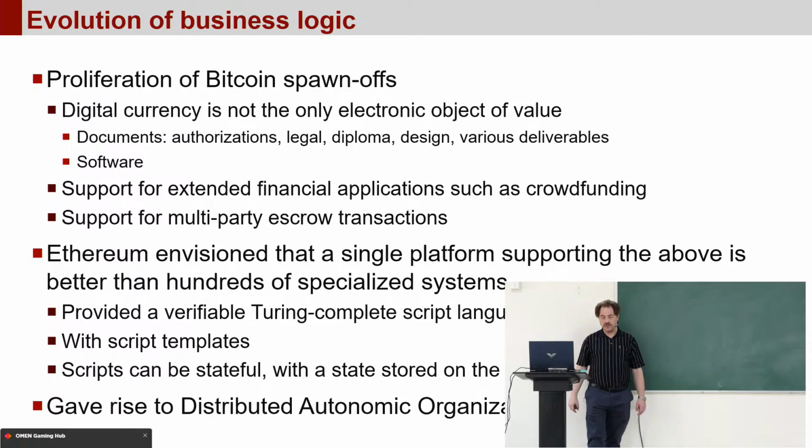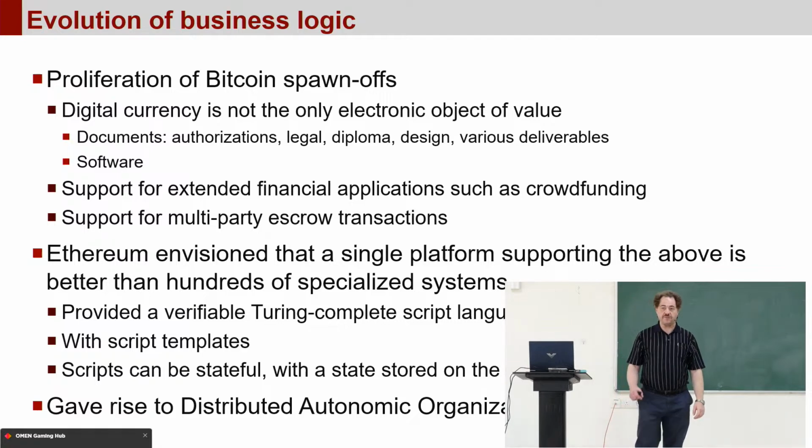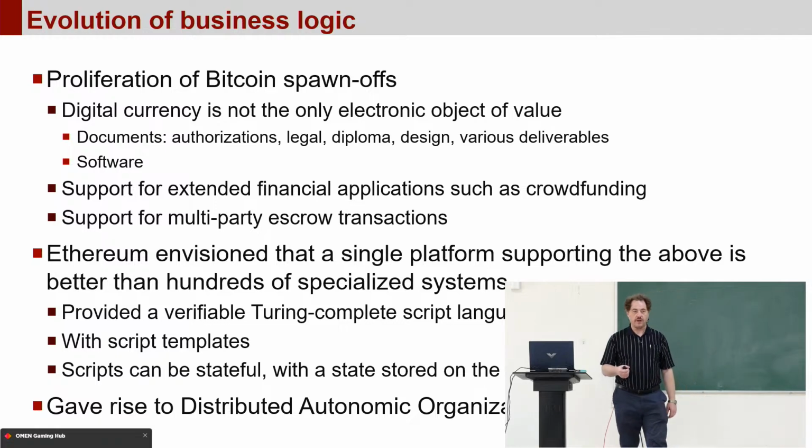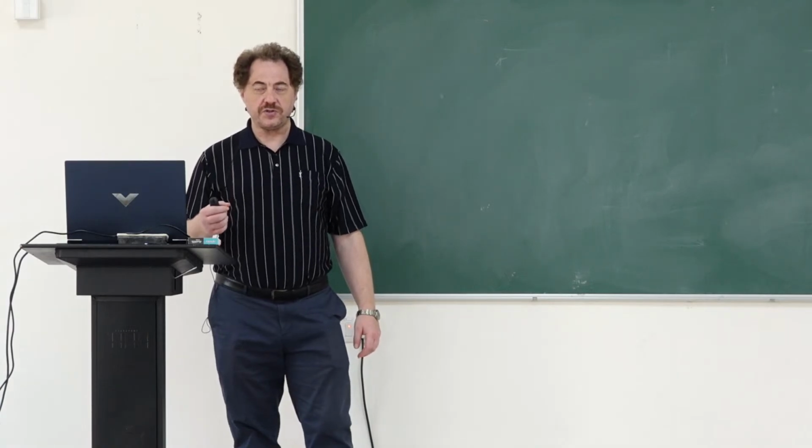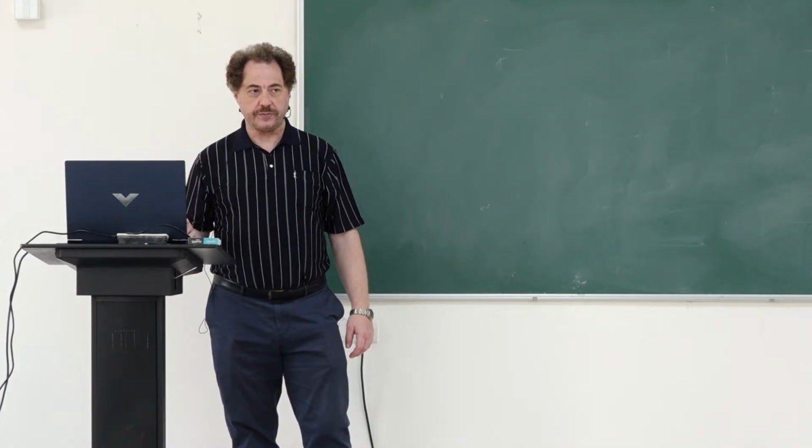Okay, so what was the innovation in Ethereum? It provided a verifiable Turing-complete script language. As a matter of fact, it came up with the idea of the Ethereum virtual machine. It's like the Java virtual machine for those of you who know Java. Every instruction in Ethereum is executed on a virtual machine.